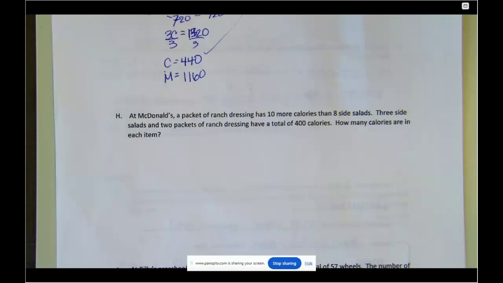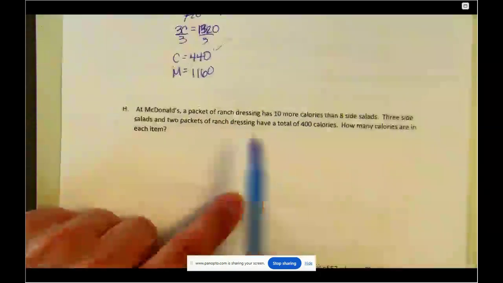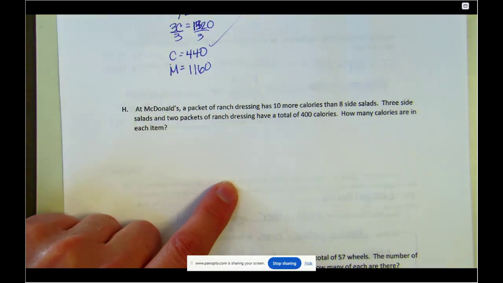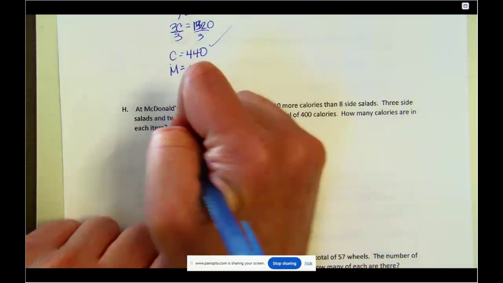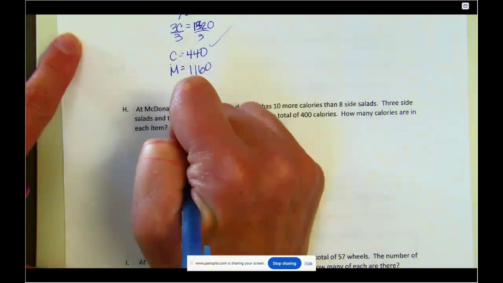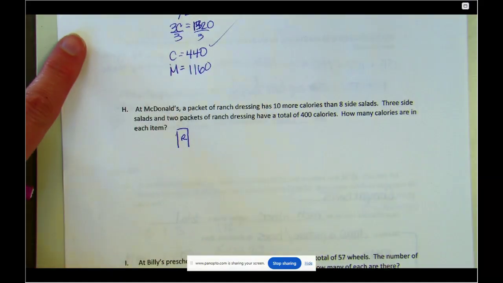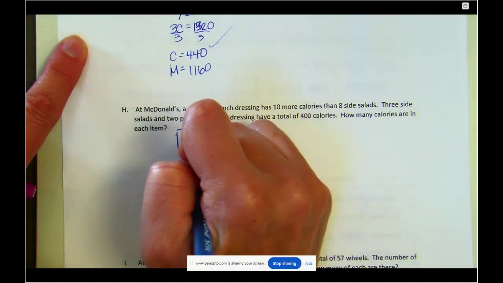Okay, anyway. Are we comparing or am I giving you totals? We're comparing. So we're comparing what two things? Ranch and specifically how many salads? Yeah. So let's draw our picture. We've got ranch dressing that has more calories than 8 salads.